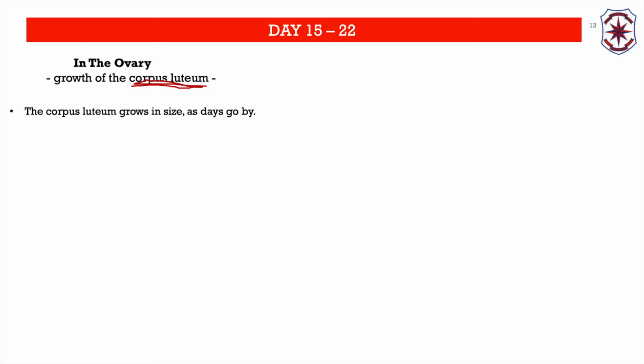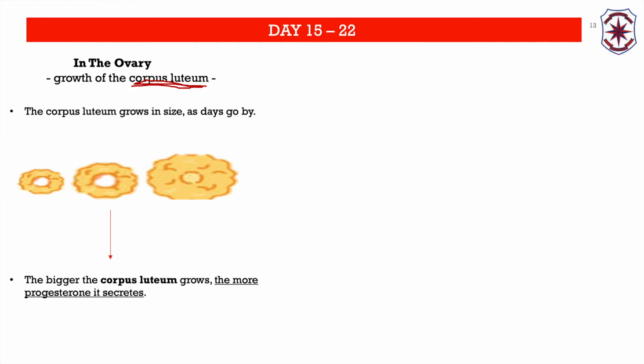The corpus luteum grows in size from day 15 to day 22. It starts off small and becomes bigger and bigger until day 22. The bigger the corpus luteum grows, the more progesterone it produces. The corpus luteum is a structure inside the ovary that produces progesterone.